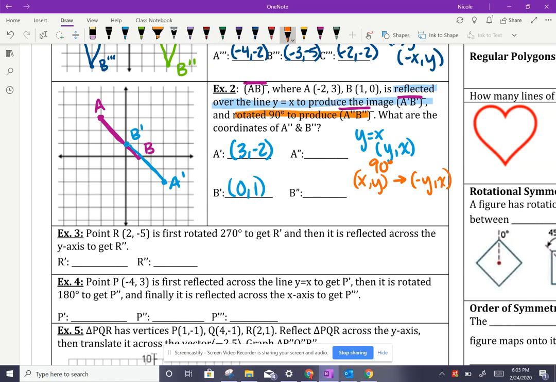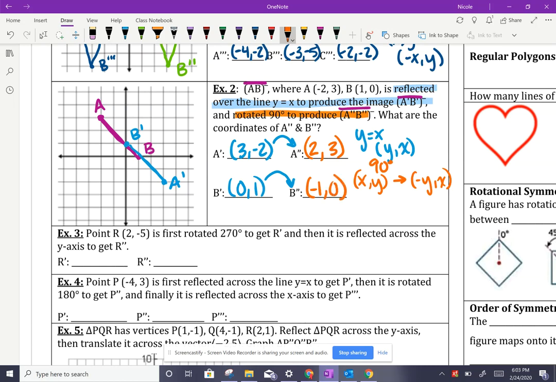So we're taking that information from the A prime and B prime. I am not looking at the original points anymore. So from A prime to A double prime, I move my y up front and change the sign, and move the x to the back. Same for B prime to B double prime. I move my y up front and change the sign, and move my x to the back.